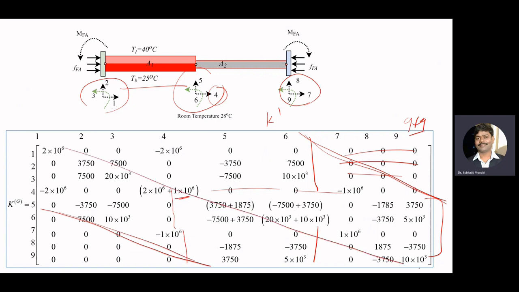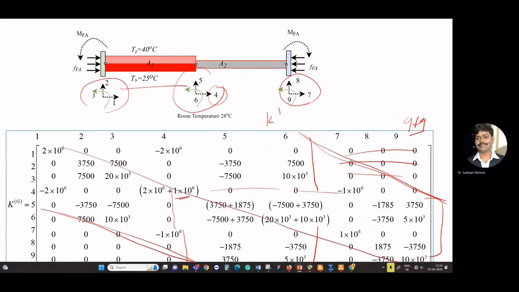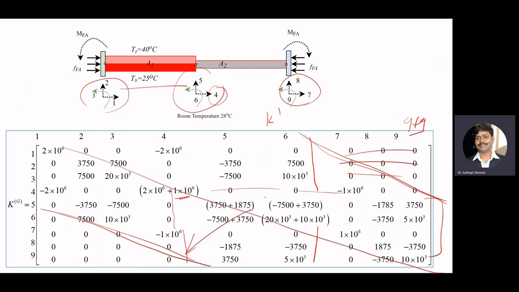It is symmetric with respect to the diagonal, and all the diagonal terms are positive. Now we have obtained the global stiffness matrix.